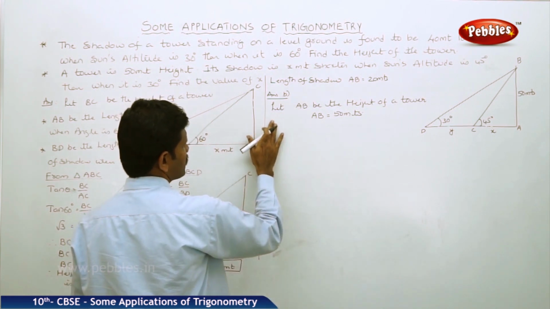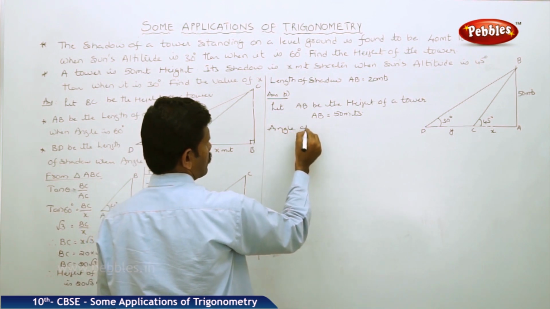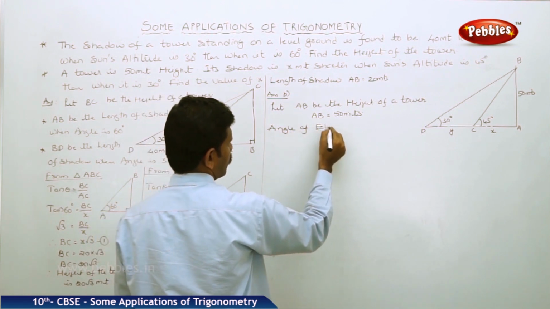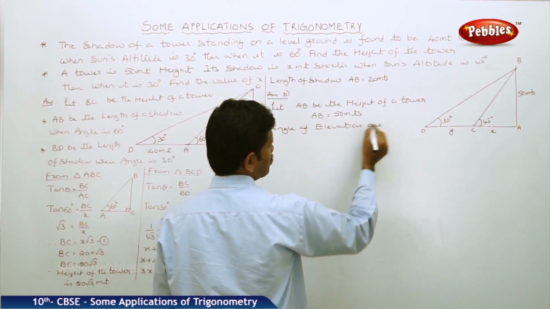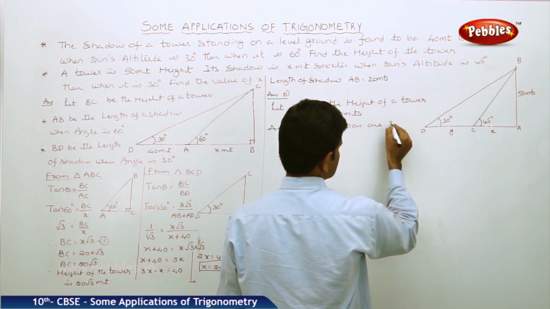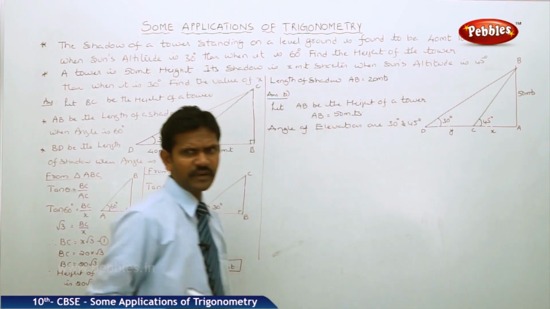Now angles of elevation are 30 degrees and 45 degrees.